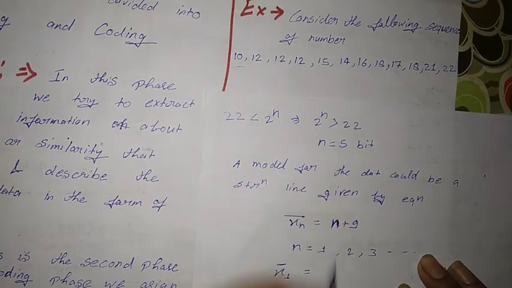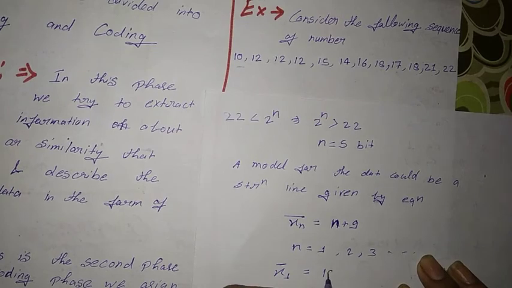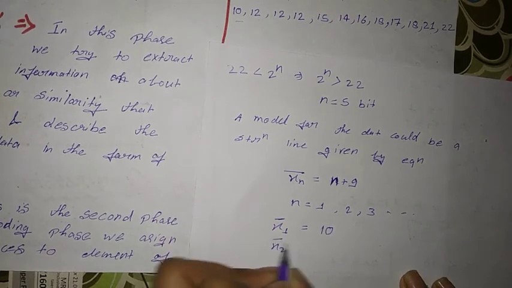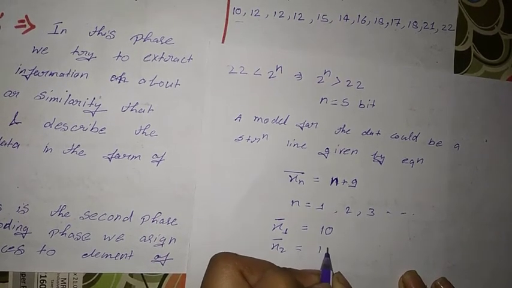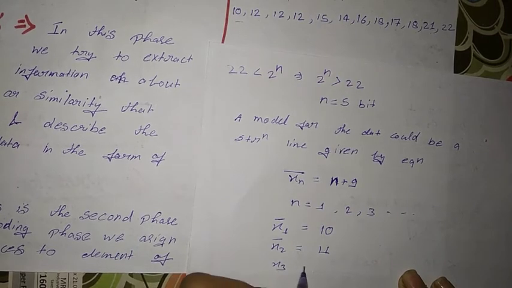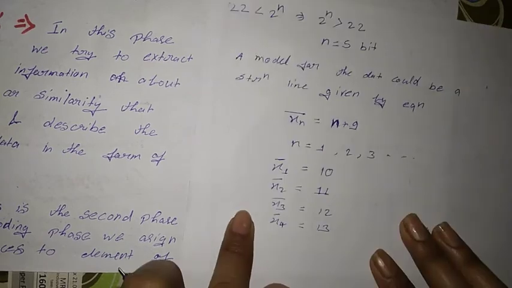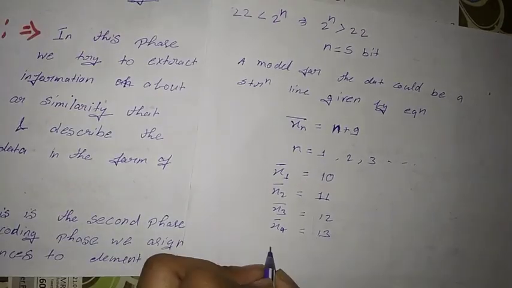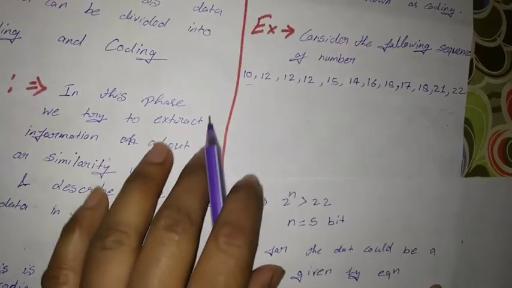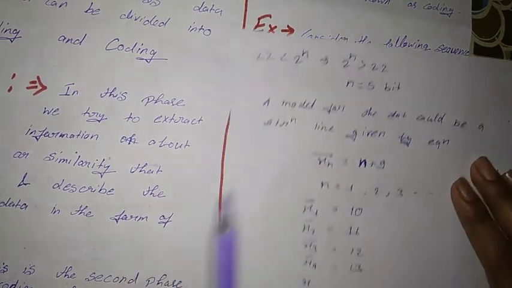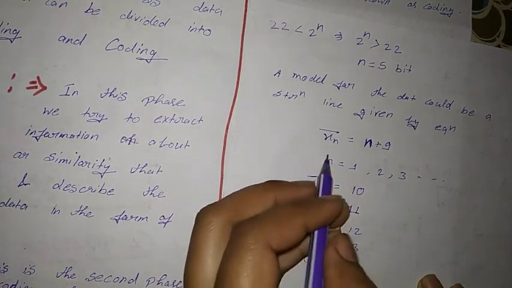Here n is 1, so 9 plus 1 equals 10. The value of x1 bar is 10. x2 bar equals 11, x3 bar equals 12, x4 bar equals 13. The same way we find all the values. The total number of elements is 12, so the maximum value of n is 12.